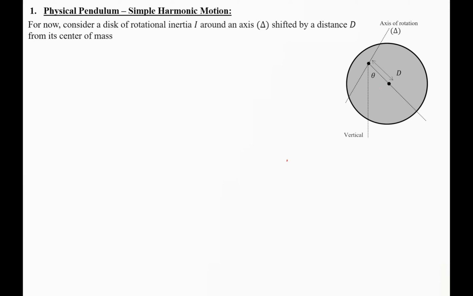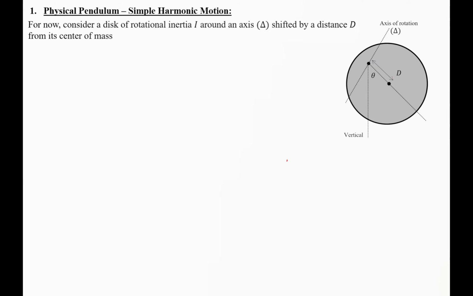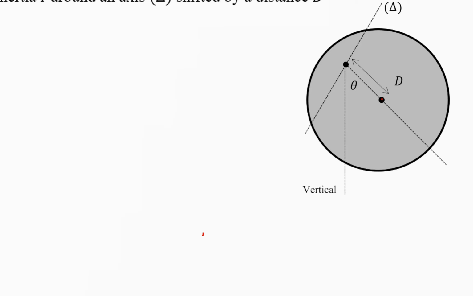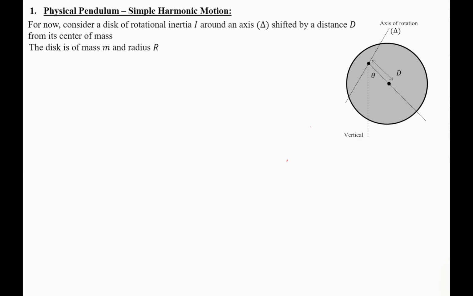So here no need to apply the parallel axis theorem because we have applied it. However, if you have the moment of inertia around its center, you need to apply the parallel axis theorem in order to determine this one. D would be the distance of separation between the center of mass and the axis of rotation. The disk is of mass m and radius r.